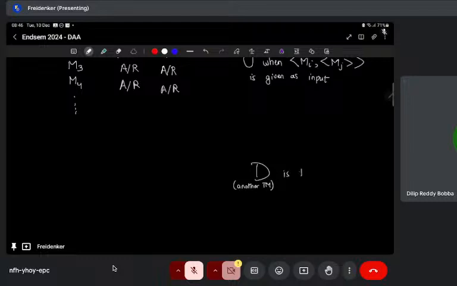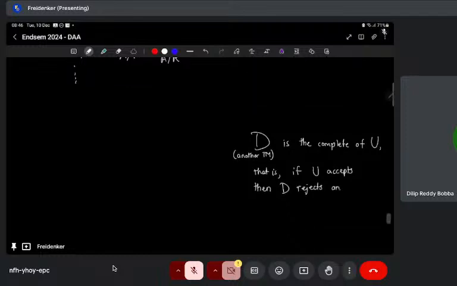D is the complete opposite of U, in the sense that if U accepts, then D rejects, and vice versa. If U rejects, then D accepts. So D is the complete opposite of U.